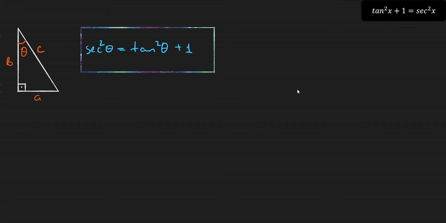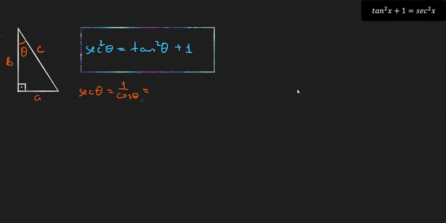And so we know that secant theta is 1 over cosine theta. And we know that cosine is adjacent over hypotenuse, which is B over C in our case.